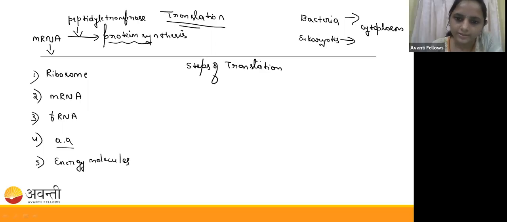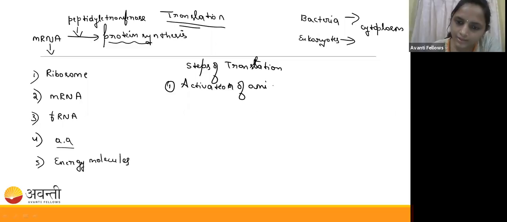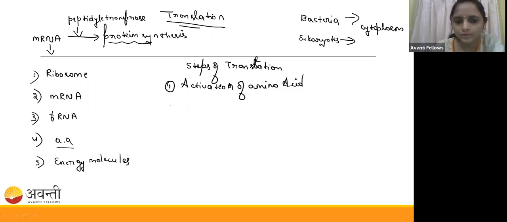Okay, guys. Which is the first step which is going to take place in the translation? Activation of the amino acid, right? We are going to activate the amino acid. The amino acids are present in the cytoplasm, and here we are going to activate the amino acid.